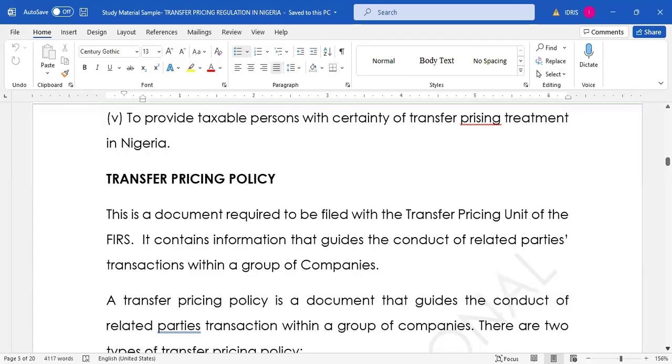It is a document that contains the rules and regulations guiding the conduct of related party transactions within a group of companies.